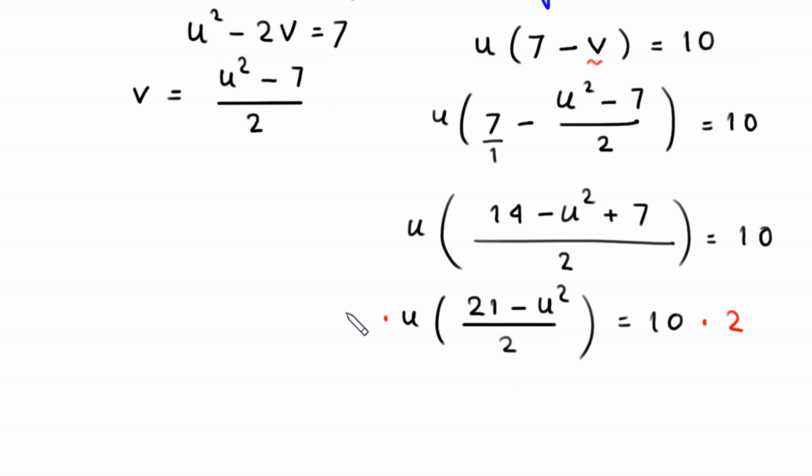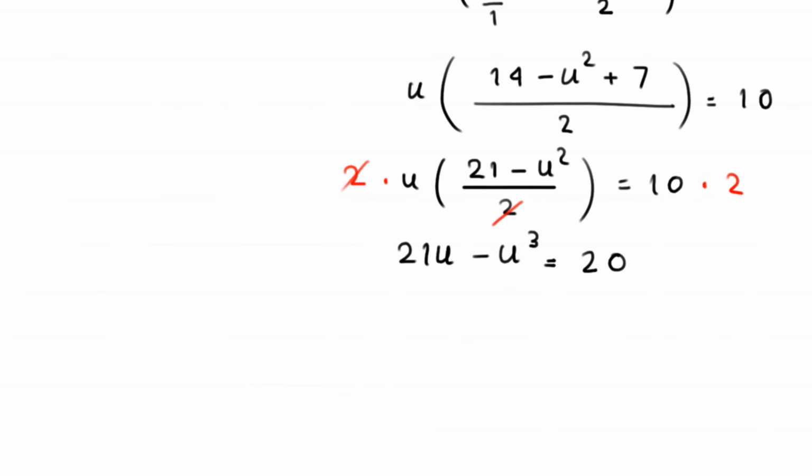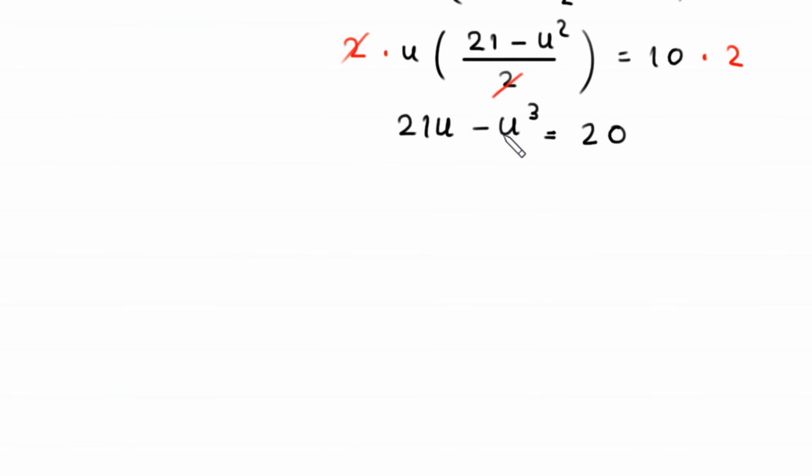On the left hand side this 2 will be cancelled out with this 2, and we multiply this u by 21 and get 21 times u, and u times negative u squared, negative u cubed, equal to 10 times 2, 20. Move these two terms to the right hand side. This will become u cubed minus 21 times u plus 20 is equal to 0.